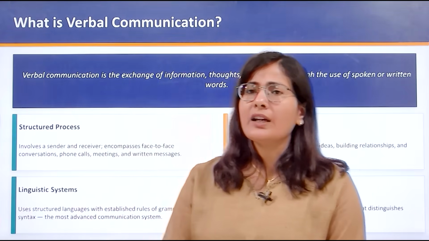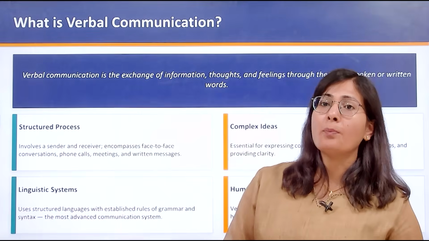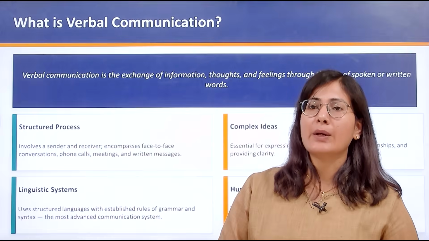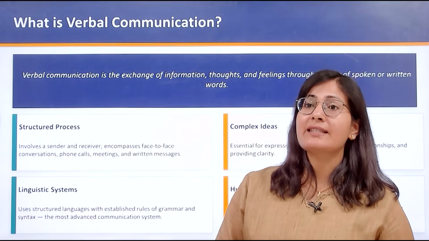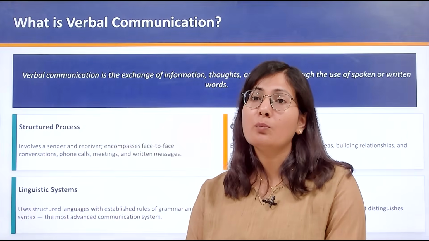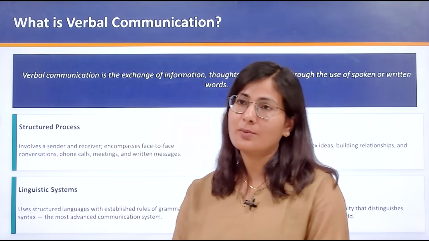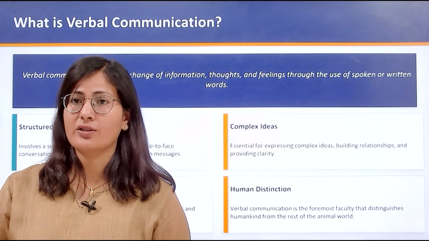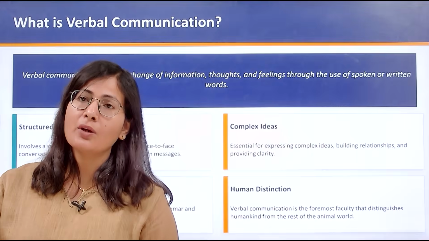Here we use a proper linguistic system in verbal communication. It uses a structured language with established rules of grammar and syntax, the most advanced communication system. It is considered one of the most advanced because it is a very universal process; you cannot deviate from the grammar or the syntactic rules.